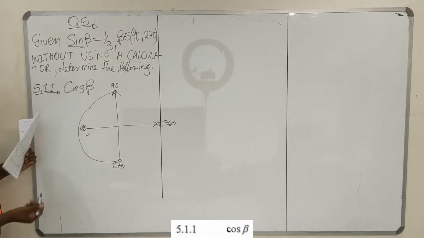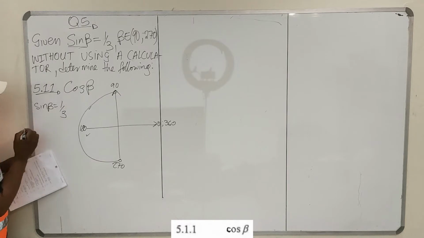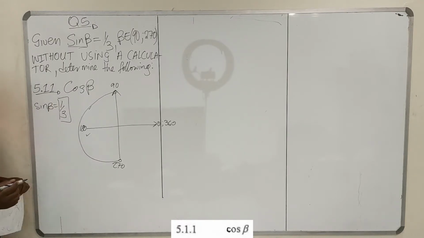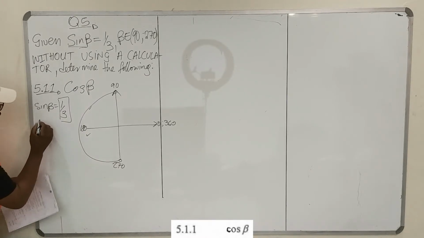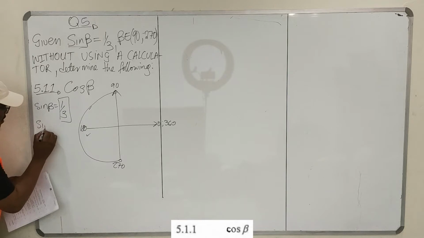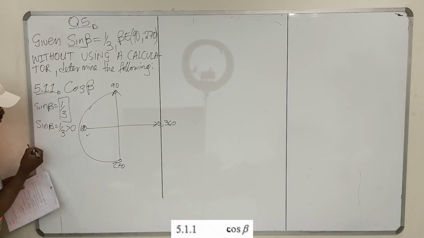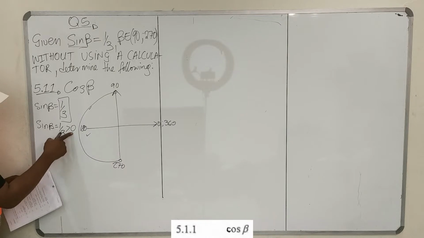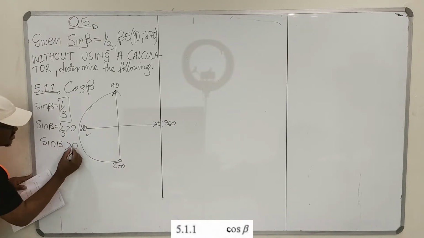No problem. So you are given that sine beta is equal to 1 over 3. So this thing here, 1 over 3, is positive, right? Since 1 over 3 is equal to sine beta, and 1 over 3 is greater than 0, that means sine beta is also greater than 0.